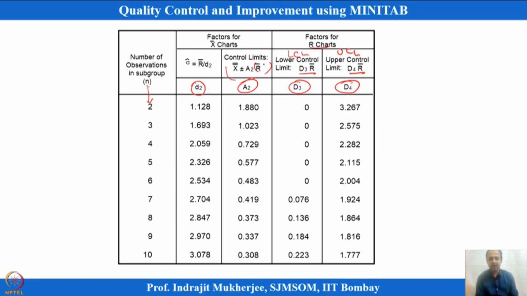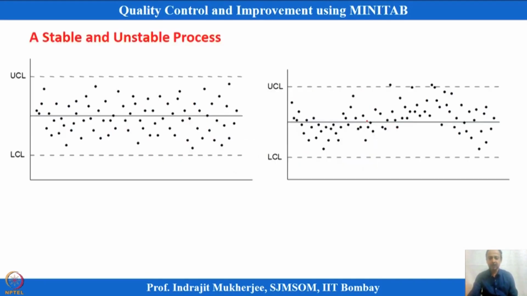R bar is known, and A2 is known depending on the n observations, here 5 subgroup size observations. So, we go on this row and we know the value of D2 will be 2.326, the A2 value will be 0.577, D3 will be 0 and D4 will be 2.115. So, I can calculate the control limit lines for both the charts, x bar and also R chart. Okay. And this is a stable process.